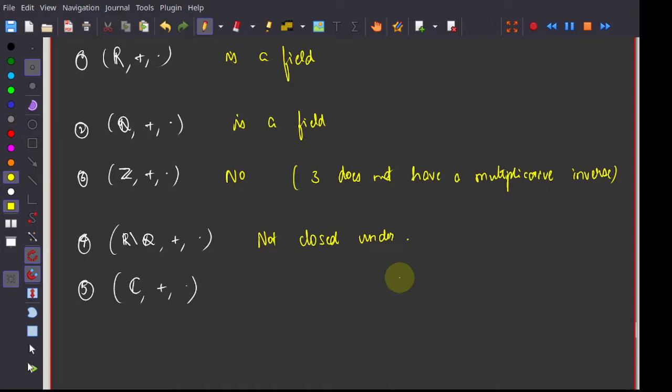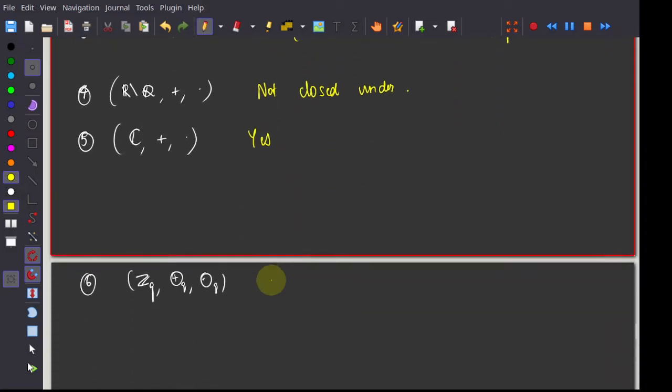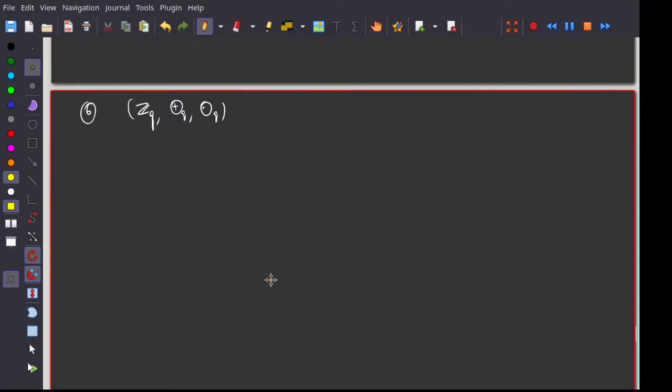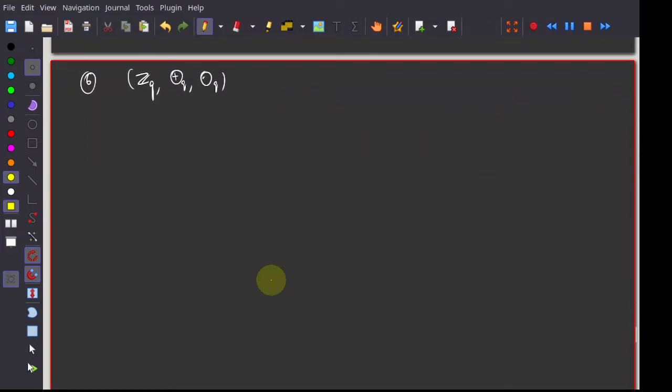What about the set of complex numbers? A field? Okay, so now let's look at some more interesting examples. So I'll denote Z_q as the set of all integers modulo q.